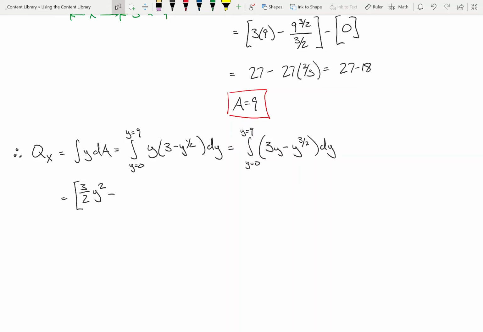Or that, right? Evaluating, I just flipped the fraction there. So y equals 0.